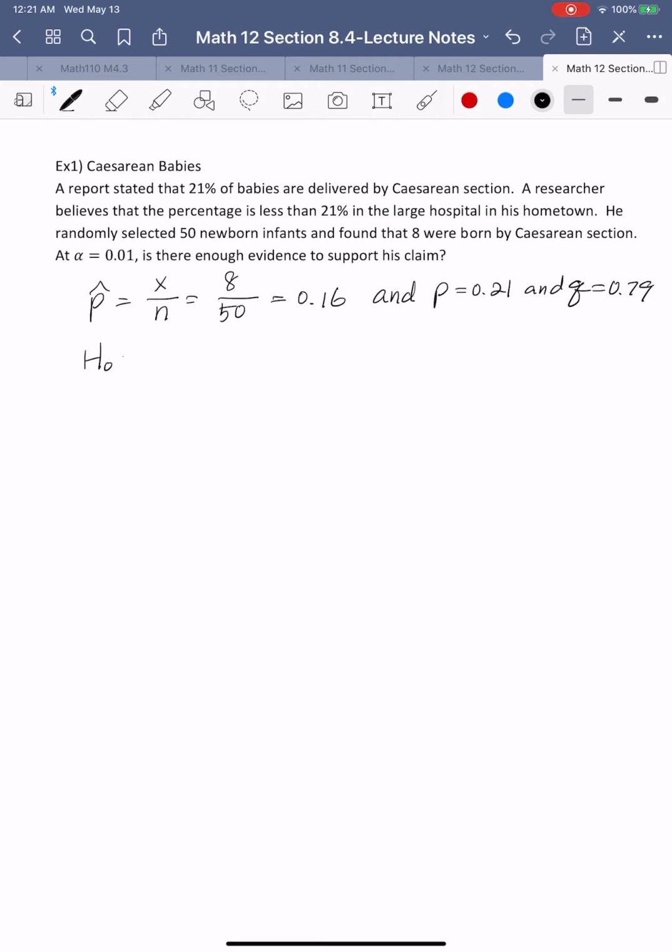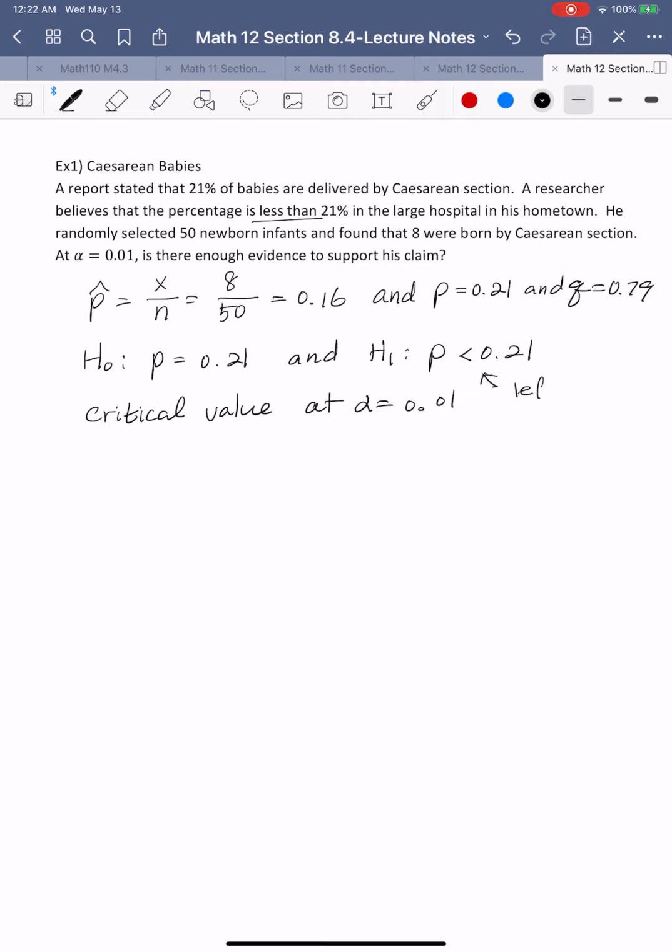The null hypothesis is p equal to 0.21, and H1 is p less than 0.21. So for the critical value at alpha equal to 0.01, this is a left tail.